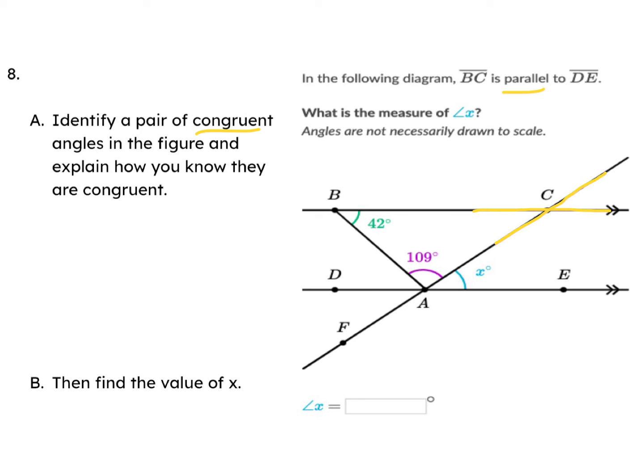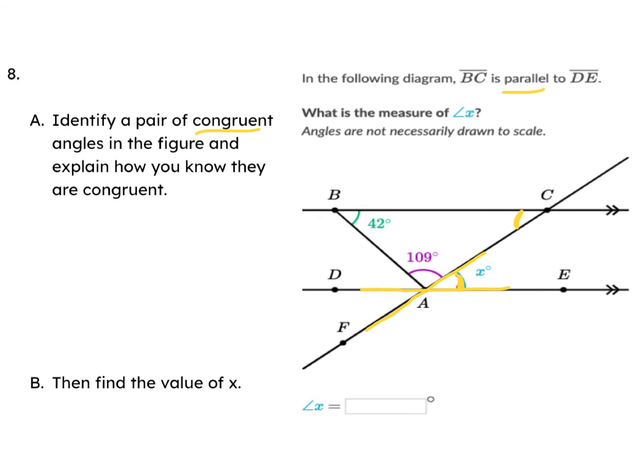So I'm going to check out this angle right here. If I translate that, slide it down, that's a match, and then I'm going to rotate it, and yep. So that angle right here, let me mark it in yellow, this angle and angle X are congruent.